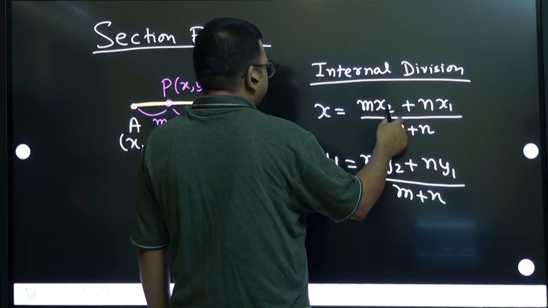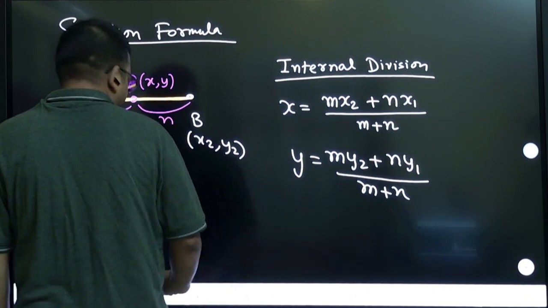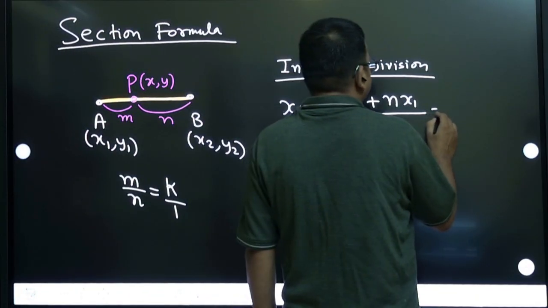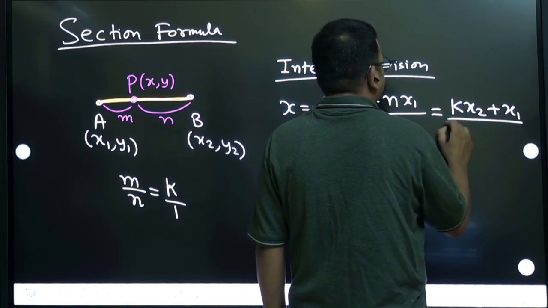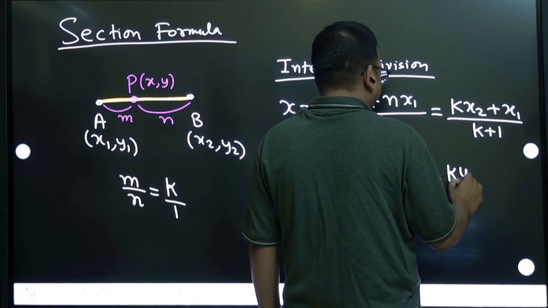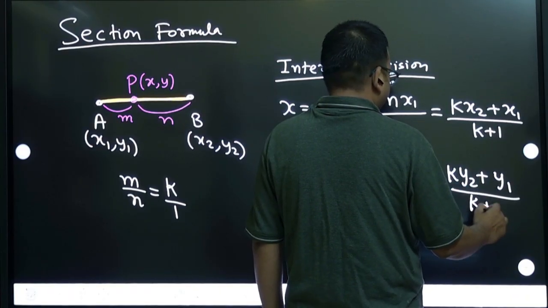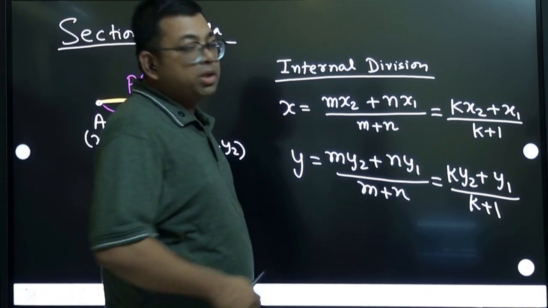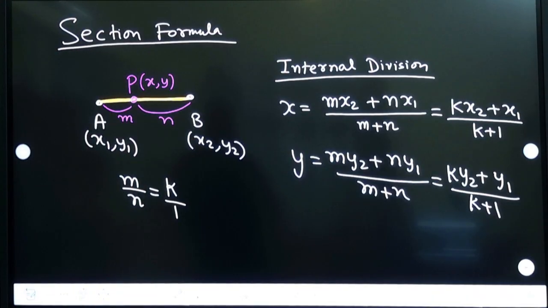So if you divide this ratio by n, you can write this as kx2 plus x1 by k plus 1. Similarly, y can be written as ky2 plus y1 by k plus 1. This simple idea can make things easy. Like this, we can apply the formula for internal division.